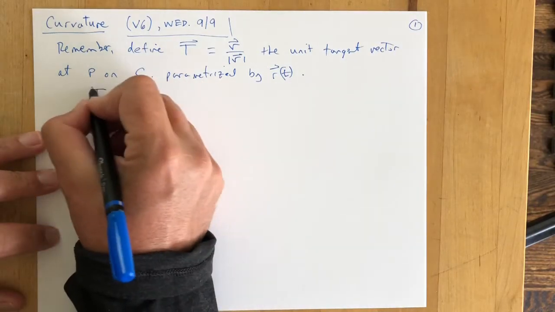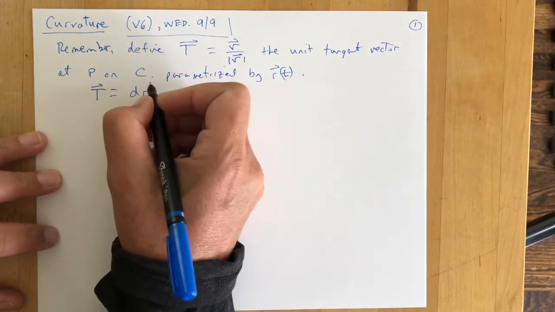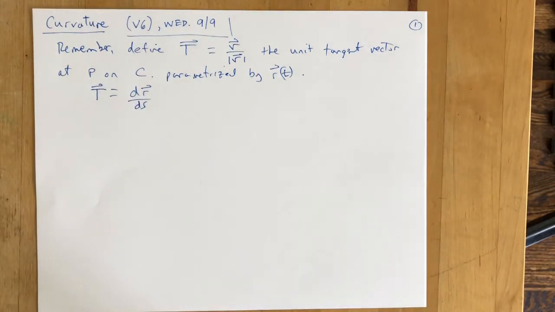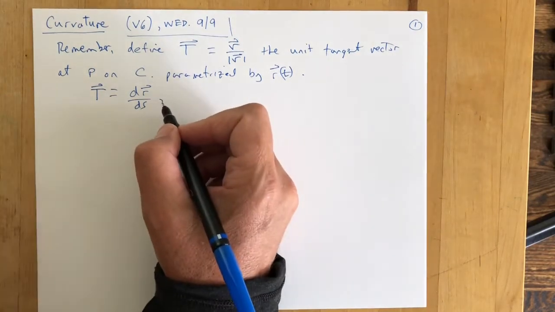And we also said that T is the rate of change where s is this arc length parameter.